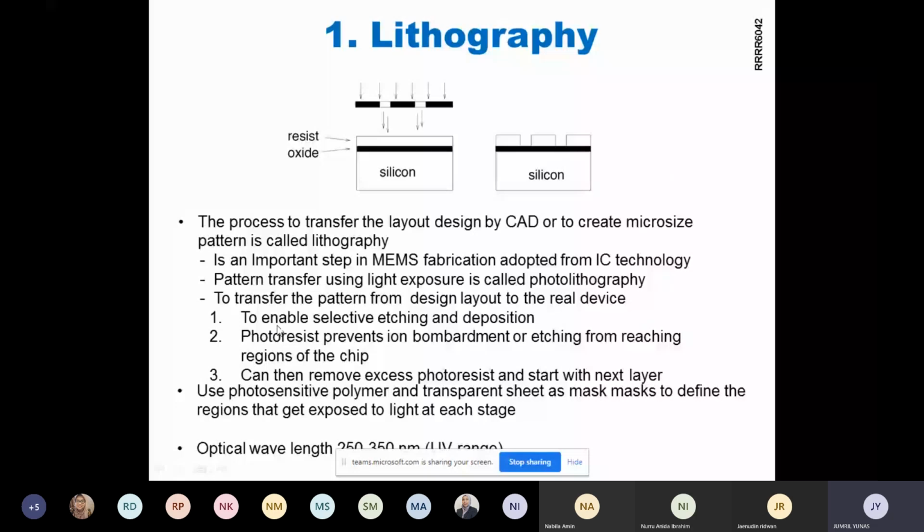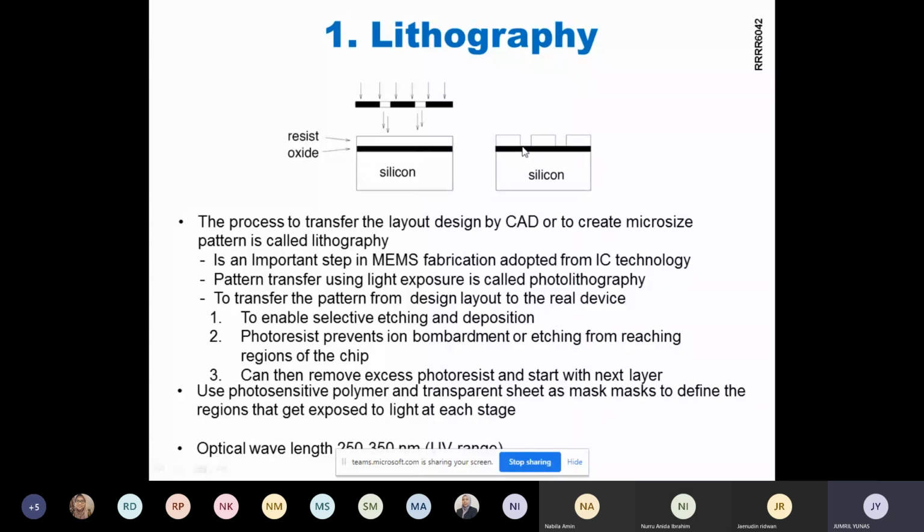So this pattern transfer is used to enable the etching and deposition process, a selective etching, like here. We can use this pattern to etch this area. This is called a selective etching process, or to deposit metal here, and then we remove the photoresist.